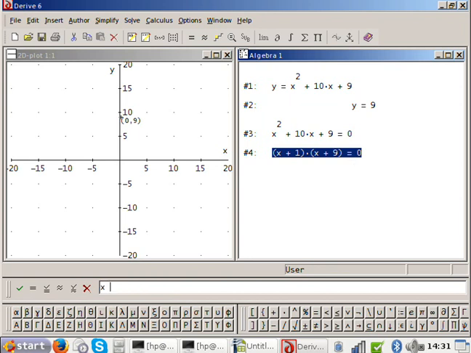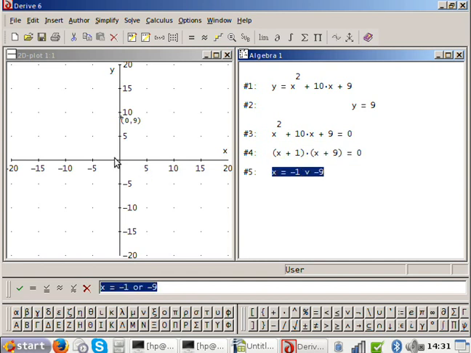What's after this line? x equals what? Minus 9, minus 1. So x equals minus 1 or minus 9.